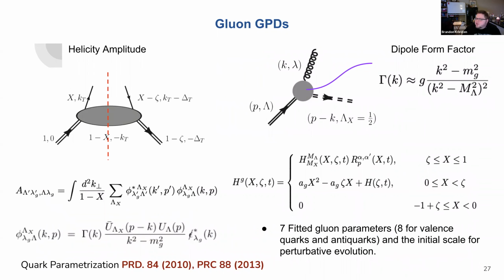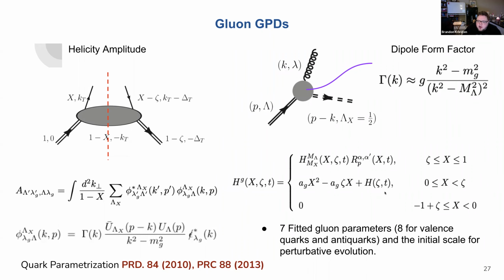So here's a flash picture of what we do for the gluons now. This exact same procedure for the quark distributions can be done with the gluons, except keeping in mind now that your spectator is no longer a scalar diquark, but a color octet gluon. And so your parameterization, your vertex functions change a little bit. You have your epsilons now instead of your U bars.